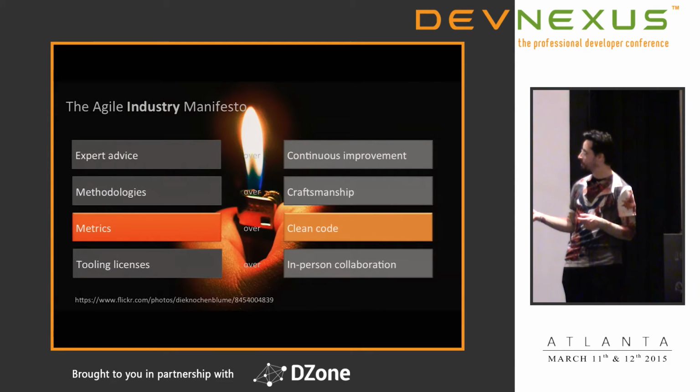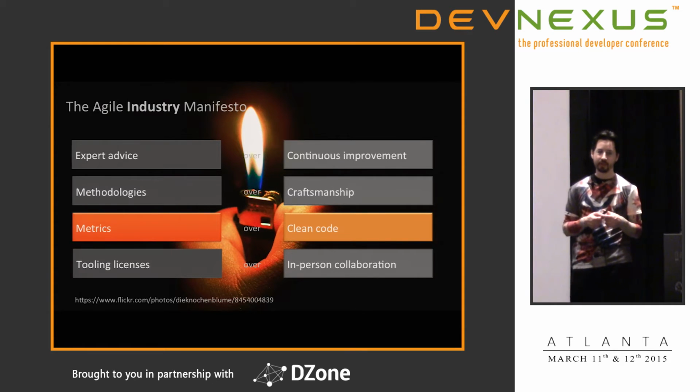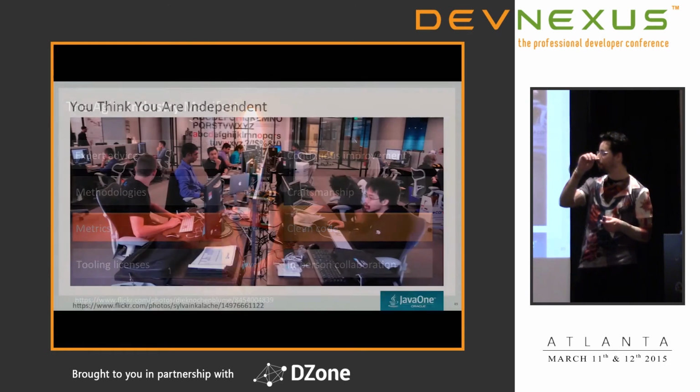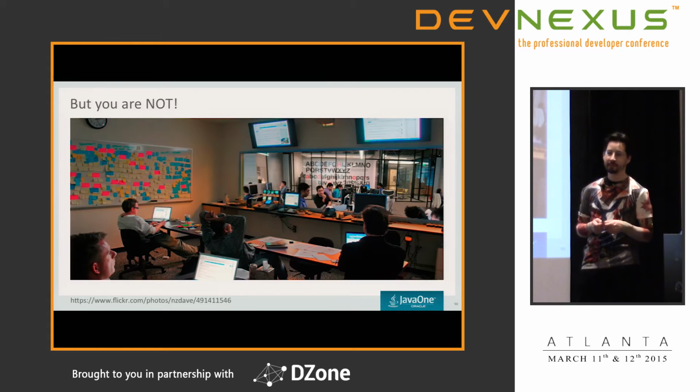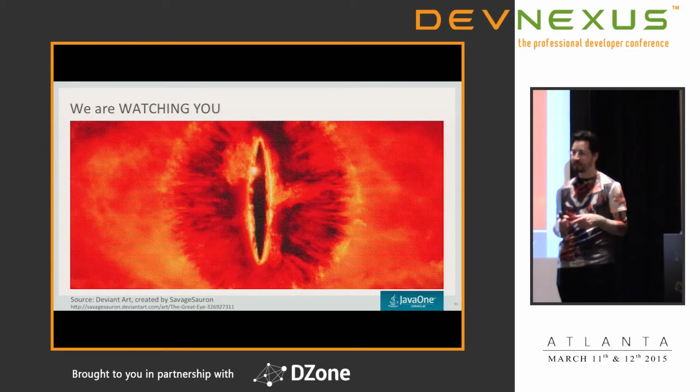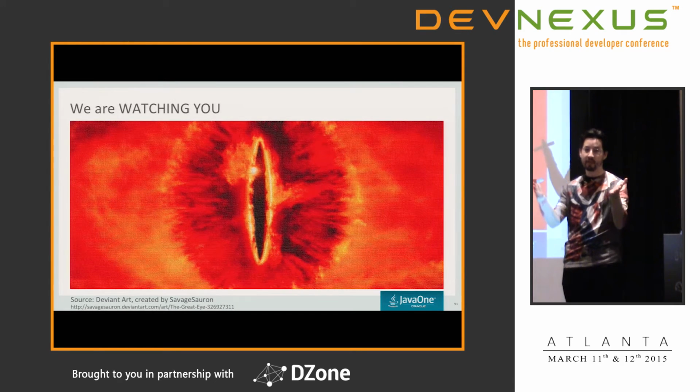Okay, number 3, metrics over clean code. So metrics are things where you think you're just coding along happily, right? These guys look pretty happy in their little posh open air coding environment, but nope, somebody's watching over you. And in most large companies, one of the mandates or value props of an Agile methodology is that it gives them more traceability and transparency of the process than any other form of practice.